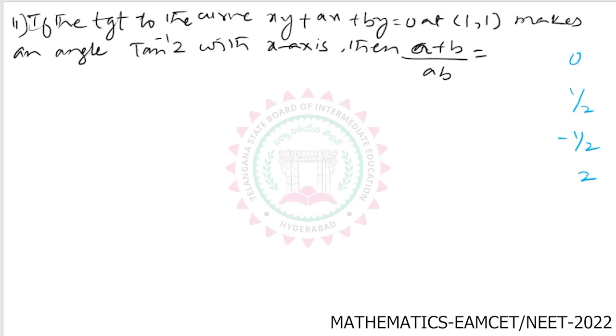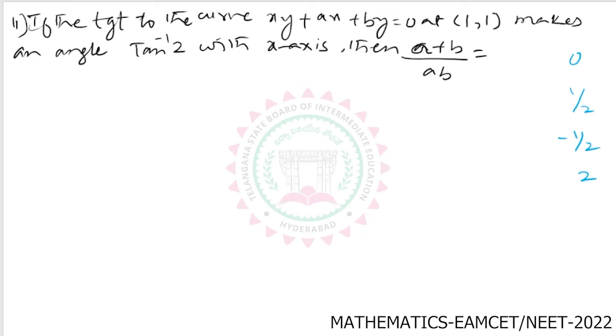A tangent to the curve, one curve is given at some point 1, 1, it is making some angle tan inverse 2. Usually he will give the angle in some other way. Now he has given it in terms of inverse, don't worry. So you have to use tan inverse 2 is equal to some theta. So you make it as tan theta is equal to 2. Okay.